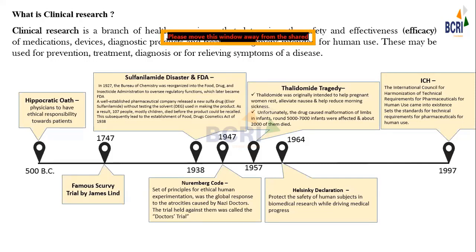Similarly, elixir sulfanilamide had a solvent known as DEG, diethylene glycol. What happened was nobody really tested the side effects, the adverse effects, of this particular solvent. As a result, a lot of side effects appeared among the people. A lot of people died.